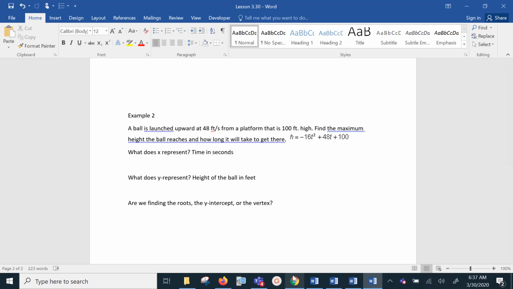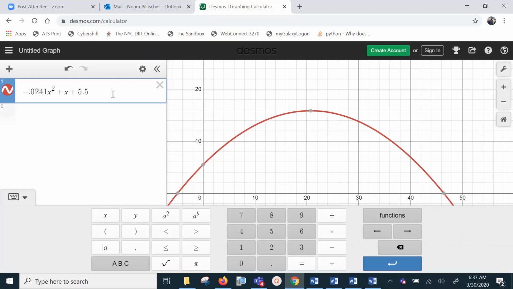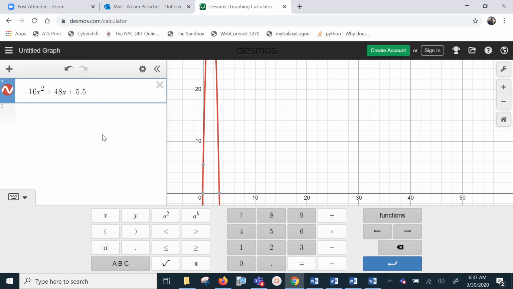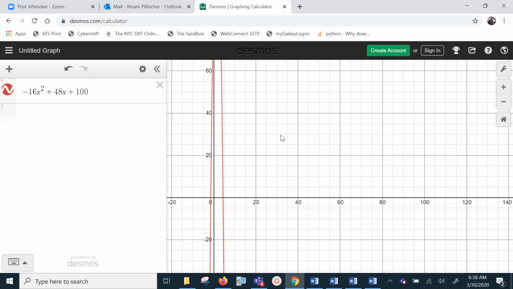So we go back to Desmos, right? I'm lazy, so I'm just going to erase the numbers, but not the variables. Right? I recopied my equation. My equation's big, right? So I have to zoom out.